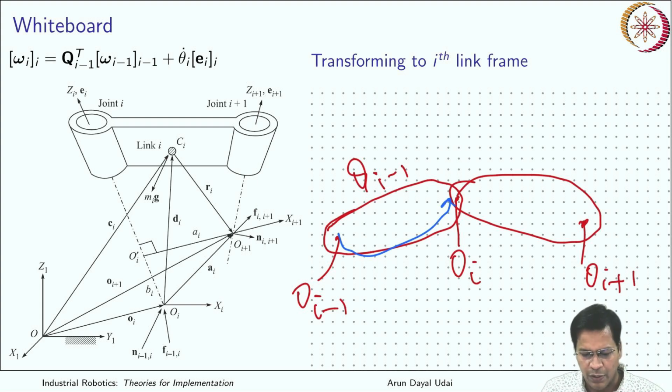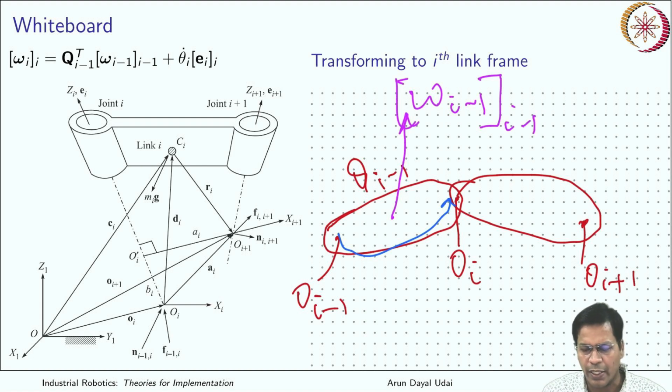Now you have angular velocity about this link, that is omega i minus 1, about its own frame. You know it is omega i. So this is given by this omega i minus 1. Now you have to represent all these in the frame which is here, because you want to do everything at this.